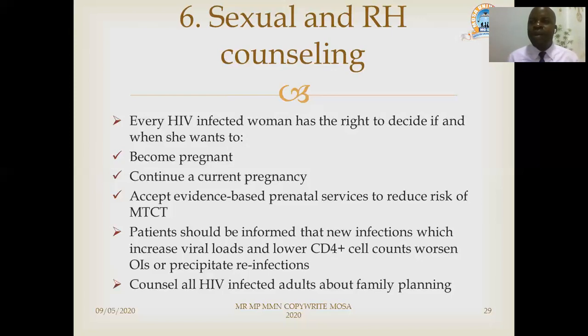So when the viral load goes up, the CD4 cell counts, the cells that protect you from various infections in the body, become very low. So when your CD4 count drops, it means you develop more room for opportunistic infections.